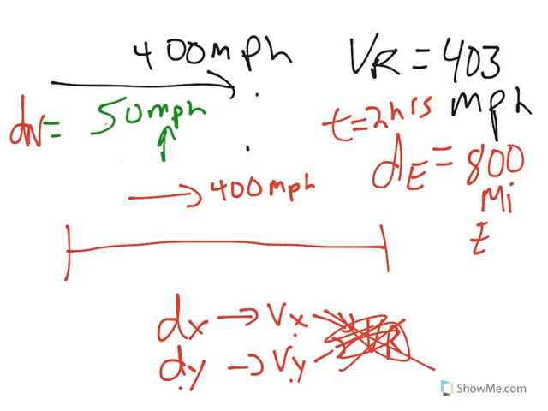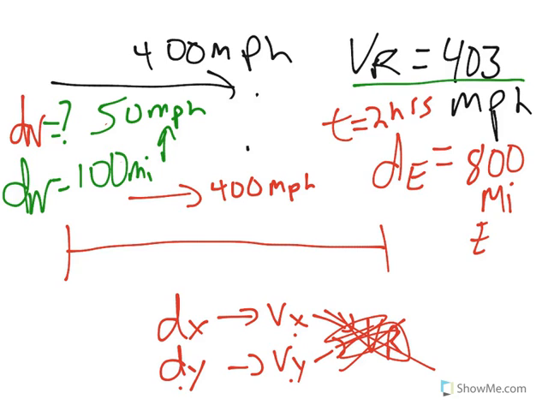So the distance north would be equal to 50 miles per hour times 2 hours, which is 100 miles. Because when I'm working with a distance in the y, I have to use a velocity in the y. And notice that this resultant velocity does not get used when trying to calculate a distance in the x or a distance in the y.